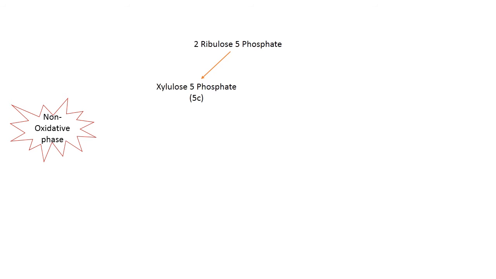Now this ribulose 5-phosphate will again get converted to its epimer xylulose 5-phosphate, and it will again get isomerized to ribose 5-phosphate. So from 2 molecules of 5-carbon ribulose 5-phosphate, I am getting 1 molecule of its epimer xylulose 5-phosphate and another molecule of ribose 5-phosphate.